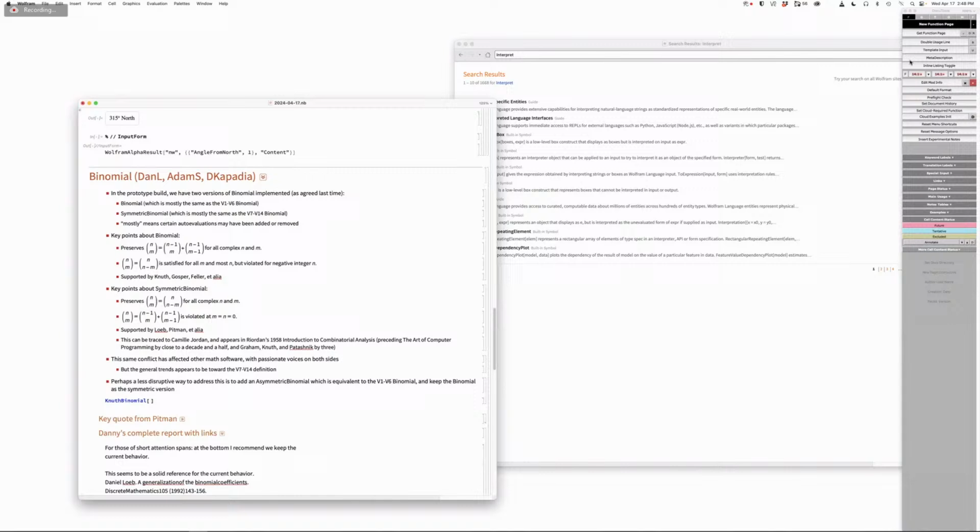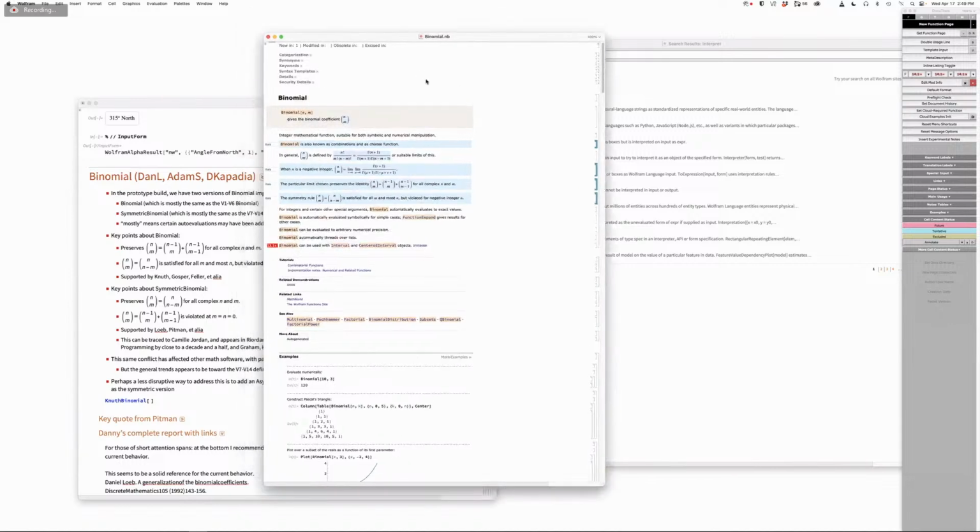If you open the source ref page for binomial, I've added some tentative notes. It can be defined in terms of a limit. These are the main things I know about it and how it differs from the symmetric one.